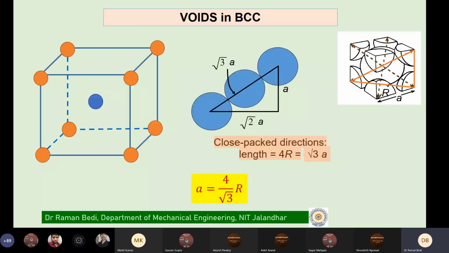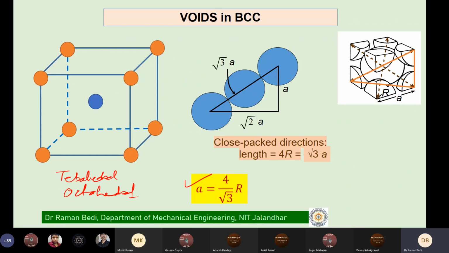So going forward, your BCC crystal structure looks something like this, and we already know the relationship between a and r, that a is equal to 4 upon root 3 times r. Going by this, you can again find that there are 2 kinds of voids in the BCC structure. The names remain the same: the tetrahedral voids, and similarly the octahedral voids, are available to us in the case of the BCC crystal structure also.